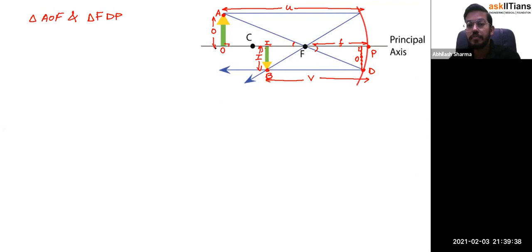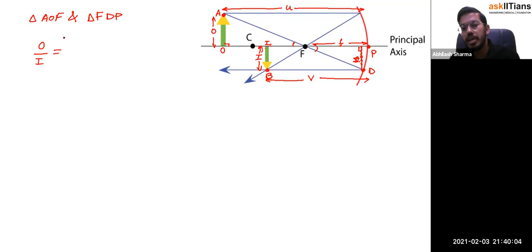And what is that property? First of all, let's take the ratio of perpendiculars. Perpendicular of triangle AOF is O. Perpendicular of triangle FDP is I. So I'm sorry, this has to be I, not O. Image distance. And that must be equal to the ratio of their base.